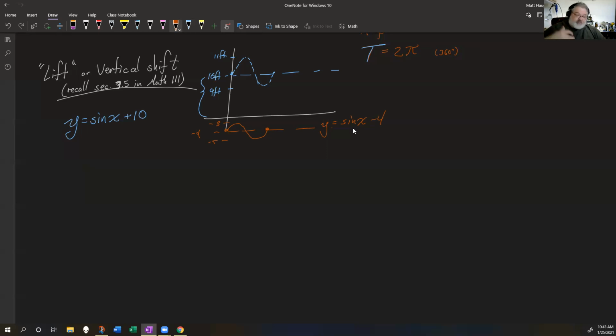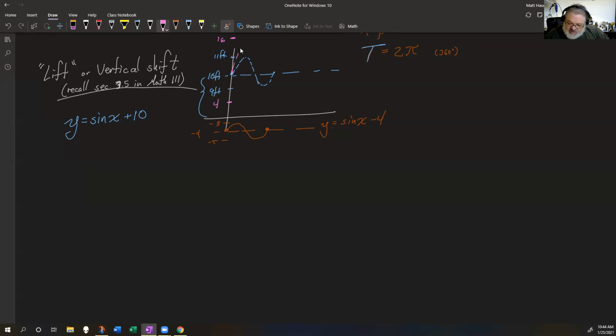So that vertical shift is probably the easiest one. It just takes that graph and shifts it up and down, changes where our center point is. But in my example, instead of going from 11 to 9, we started at 10, and then I believe we went up to 16 and down to 4.